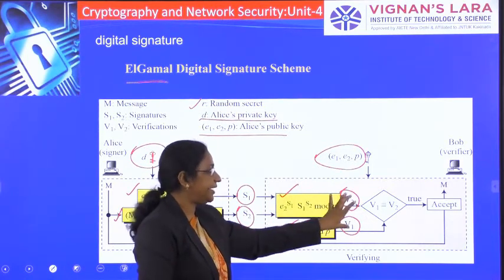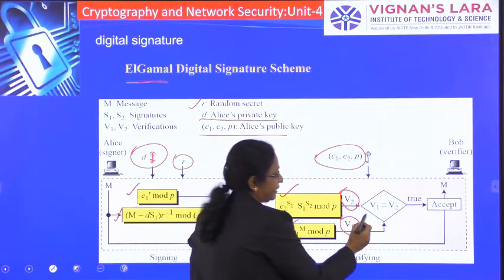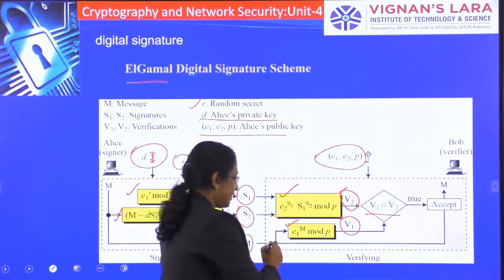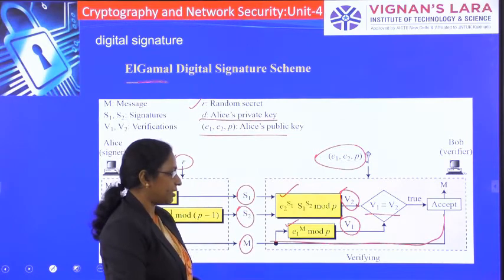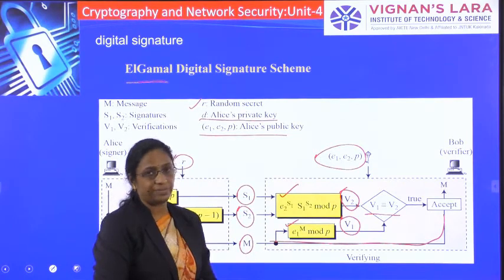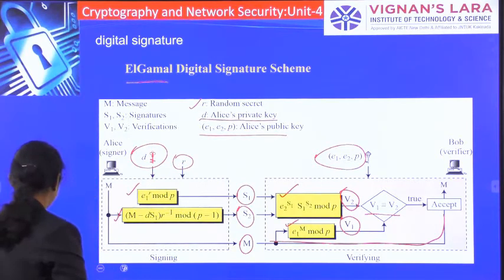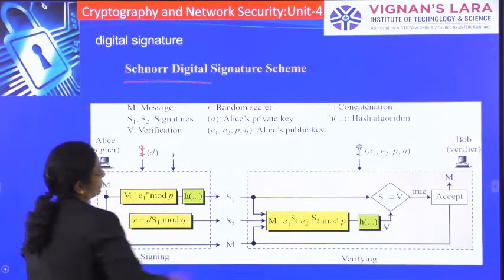He then compares V1 and V2. If both are the same, the message will be accepted. So that is the Elgamal digital signature scheme. Similarly, you have the Schnorr digital signature scheme.